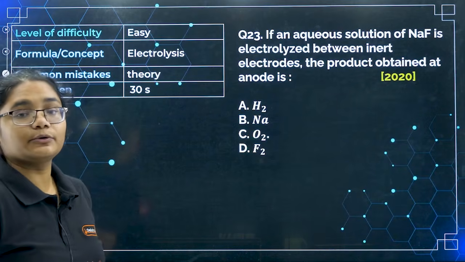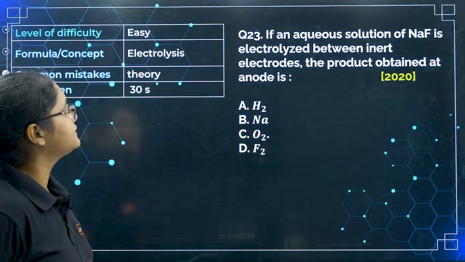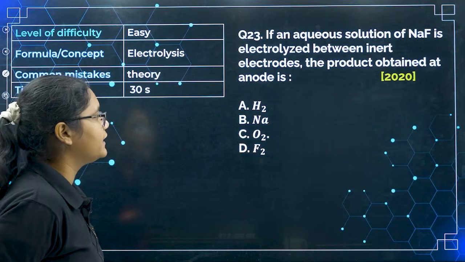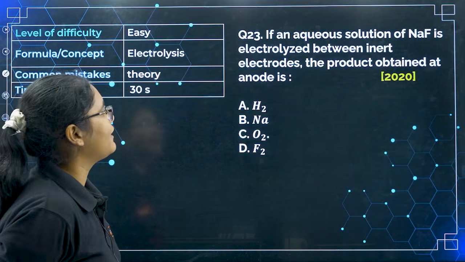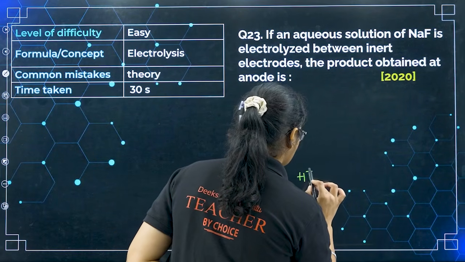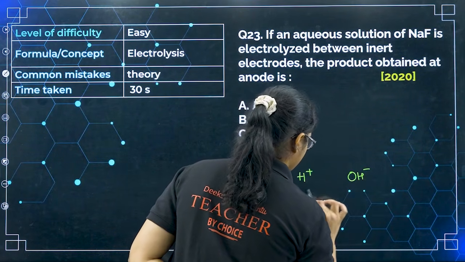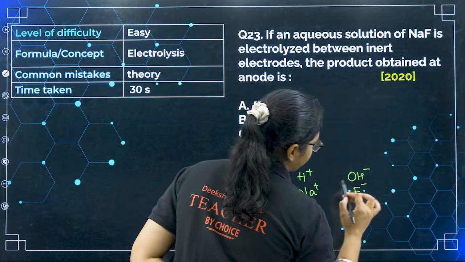Next, moving to question number 23, if an aqueous solution of NaF is electrolyzed between inert electrodes, the product obtained at anode is. So you have aqueous solution of NaF. So I have H plus, OH minus, Na plus and F minus.